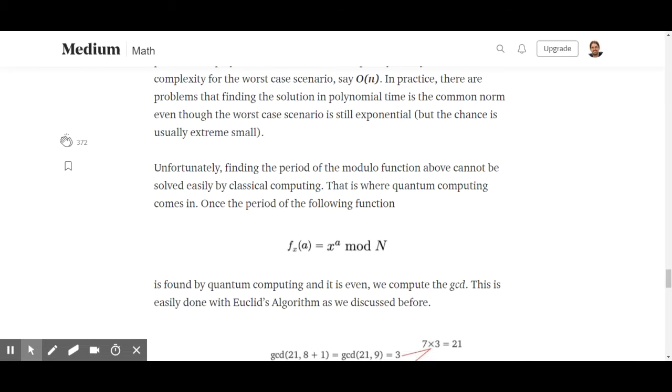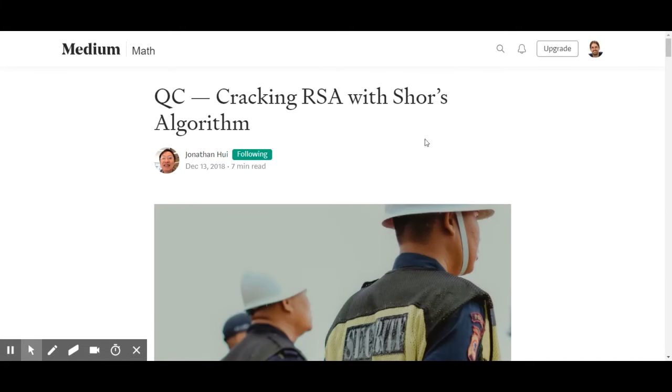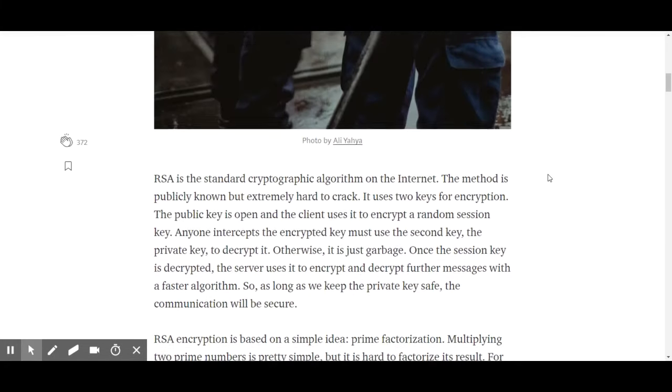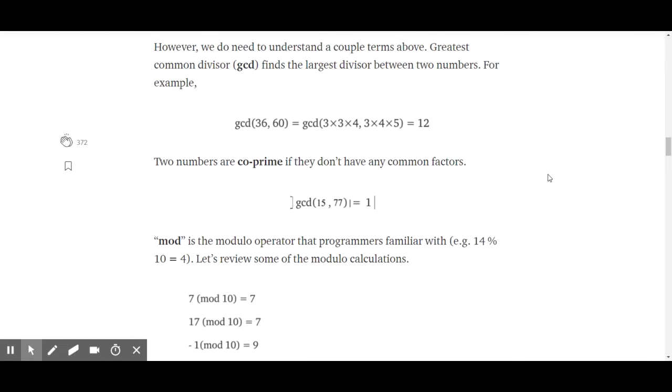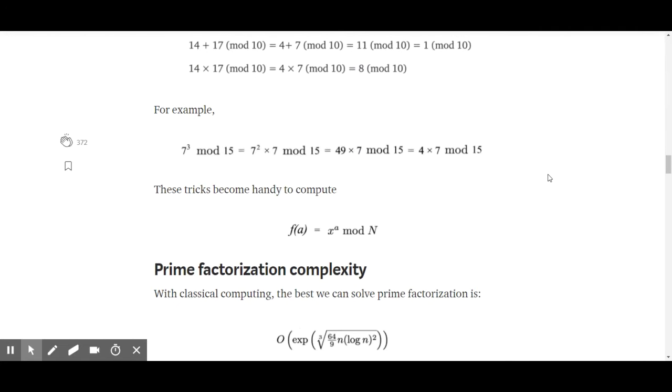Just a quick recap. The whole thing here is, first you need to understand that Shor's algorithm, in general, is based on rephrasing the problem of finding the prime factors to finding the period of this function here.